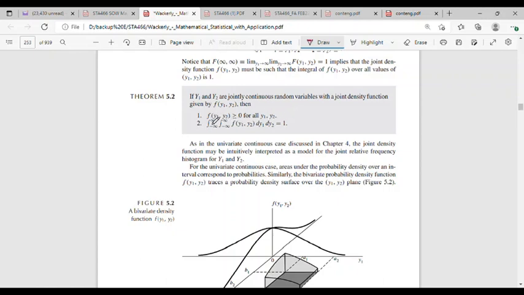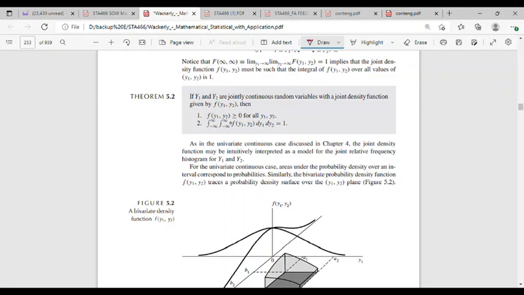So we can write the PDF for a bivariate continuous random variable, or bivariate continuous PDF, as f(y1, y2). The properties for the bivariate continuous PDF are: the first one, f(y1, y2) should be more than or equal to 0.